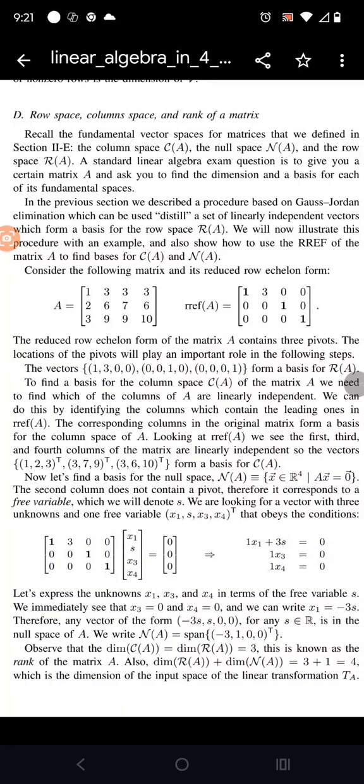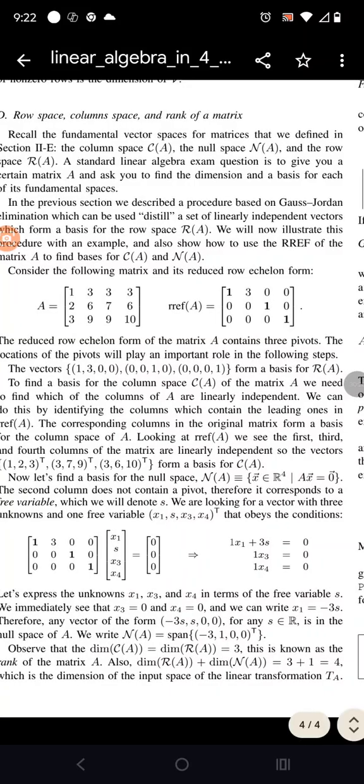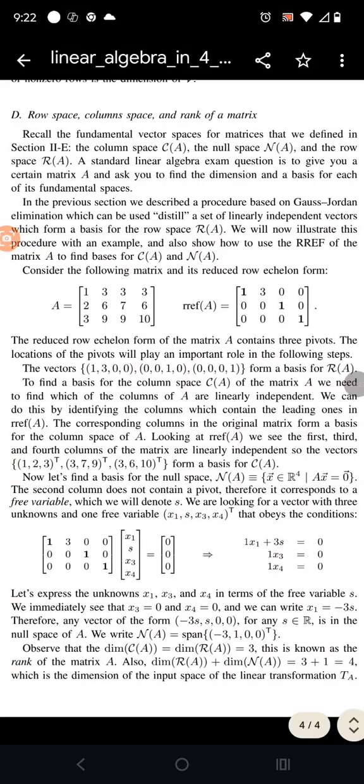The second column does not contain a pivot, therefore it corresponds to a free variable, which we will denote as s. We are looking for a vector with 3 unknowns and 1 free variable, x1 as s, x3, x4, that obeys the condition. So here we have the reduced row echelon form of A times the vector (x1, s, x3, x4), which should result in a 3 by 1 zero vector.